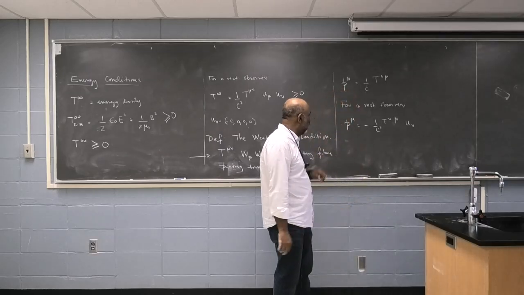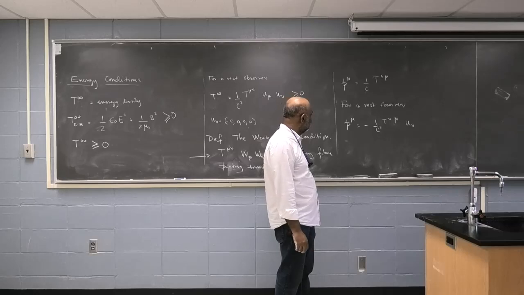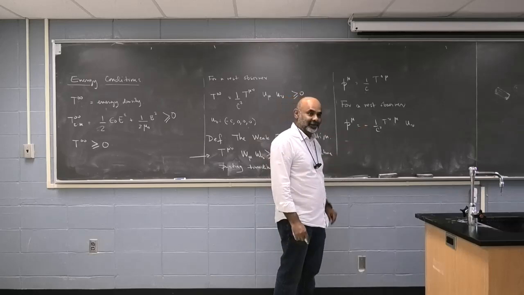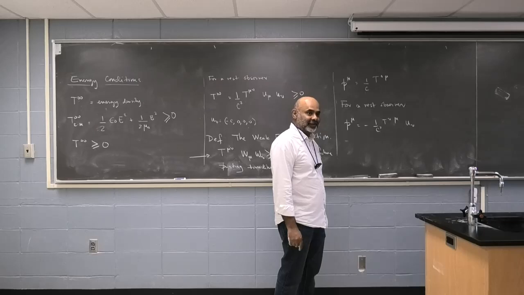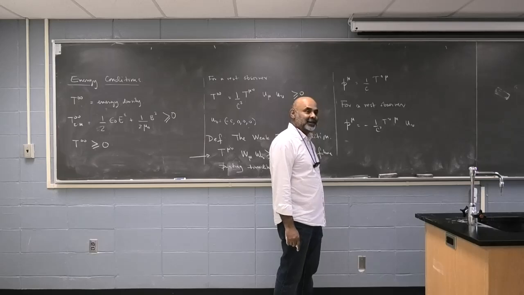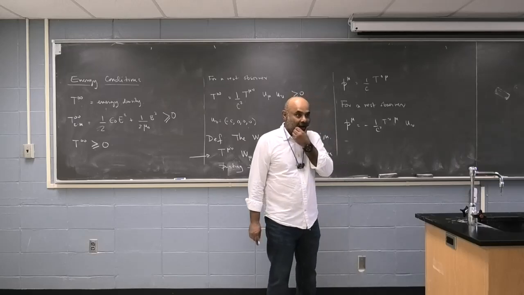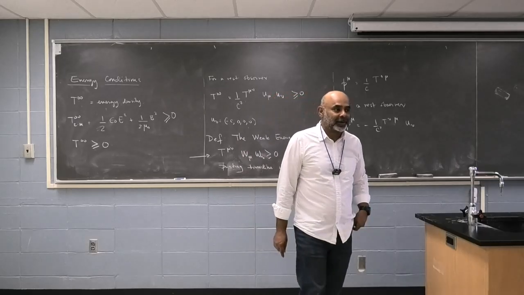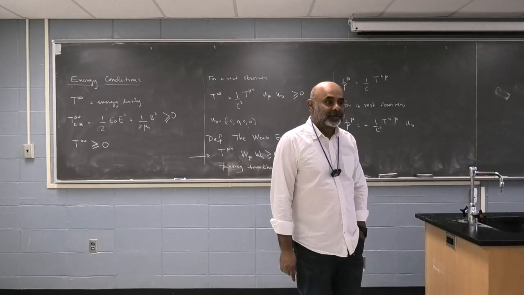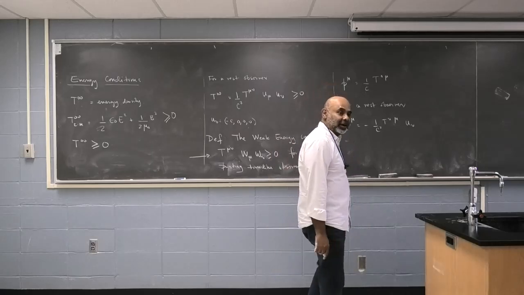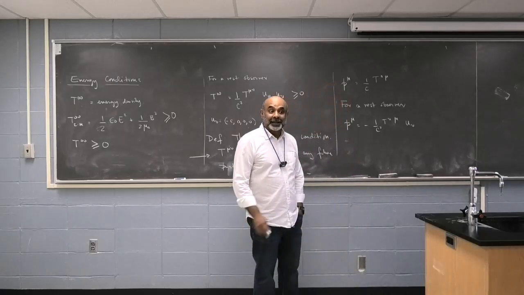Oh, no, hold on. What is this? This is no longer T0 mu. Is this a 4-vector? What happens if you take tensors and contract? It is a vector now. So it becomes a vector if it's for a rest observer.